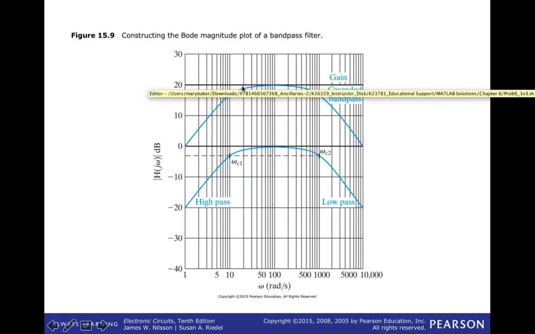So the first thought might be that you could just flip the order of these. But the problem is, remember the cascaded op-amp circuit, the transfer functions multiply. So if you put this cutoff frequency over here and this cutoff frequency over here, you're basically going to get zero gain everywhere because these lower gain regions of the filter characteristic mean that basically the low pass filter will always filter out what the high pass filter passes and vice versa.